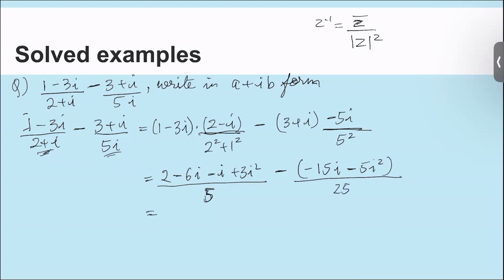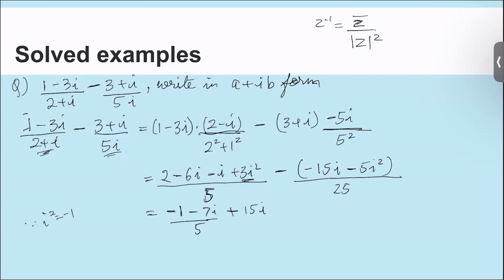Since i squared is equal to minus 1, this becomes minus 3. So minus 3 and 2, you have minus 1. And this becomes minus 7i upon 5. Okay, and then you have plus 15i over here.